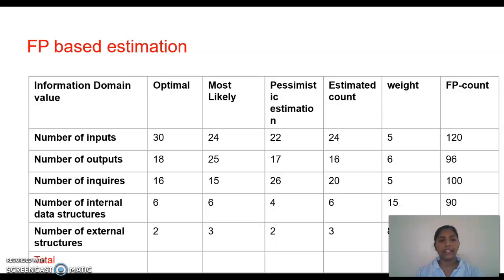Generally, in any quality management system or any other system, they use both calculations, LOC and FP, to predict the project cost accurately. For FP based estimation, we have to consider the number of inputs, number of outputs, number of internal data structures like trees and arrays, and the number of external structures like databases, and calculate the functional point.